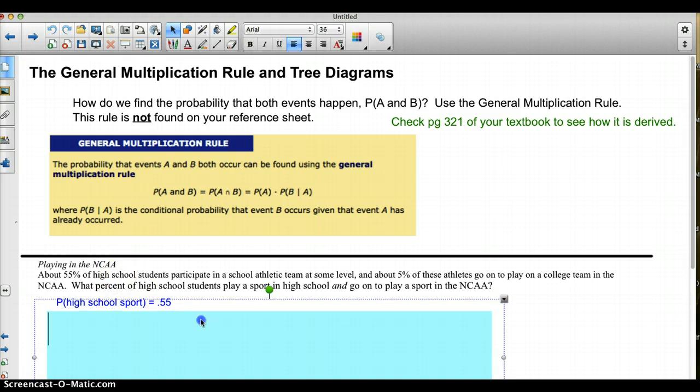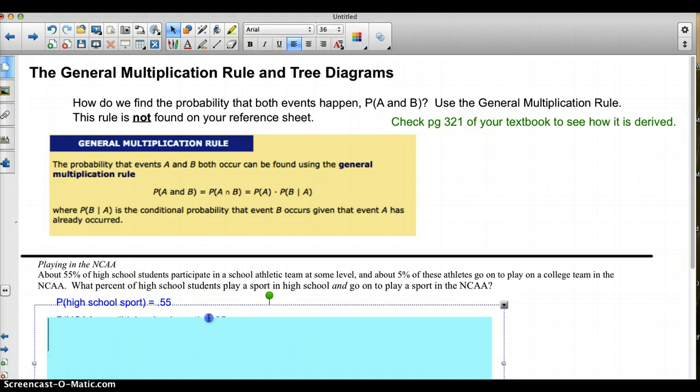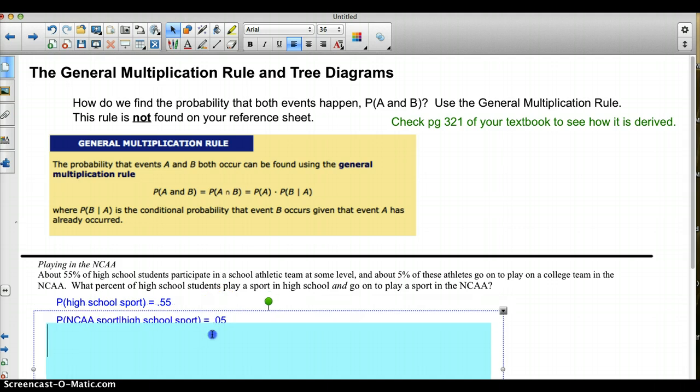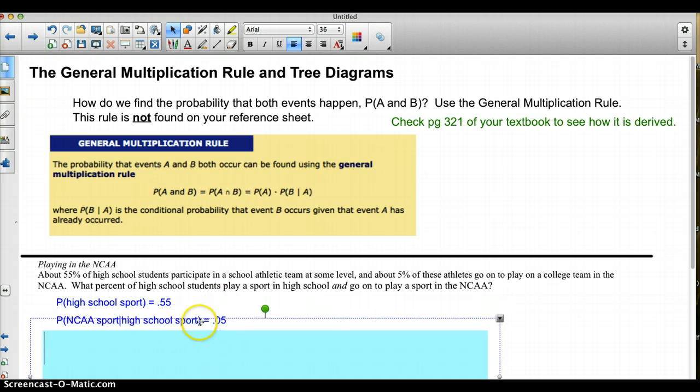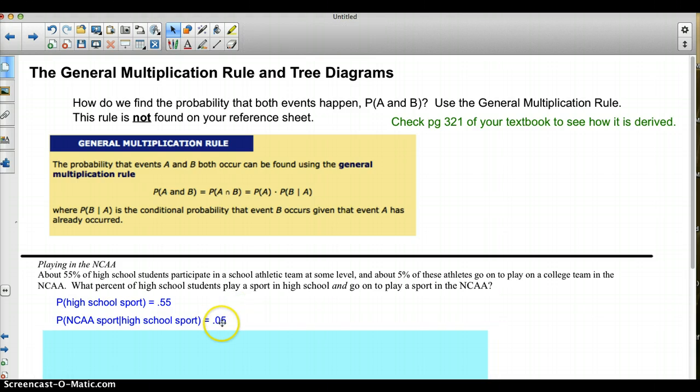We also have to find the probability of playing in the NCAA, given that they are also playing a high school sport, which is 5% or 0.05. Now, applying the general multiplication rule, you're just going to multiply these two numbers.